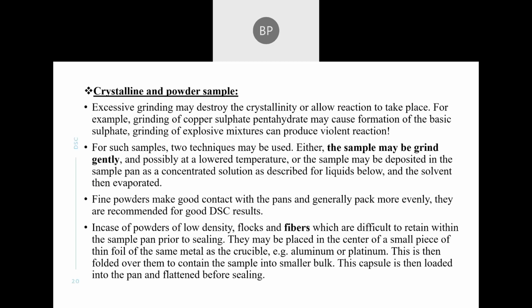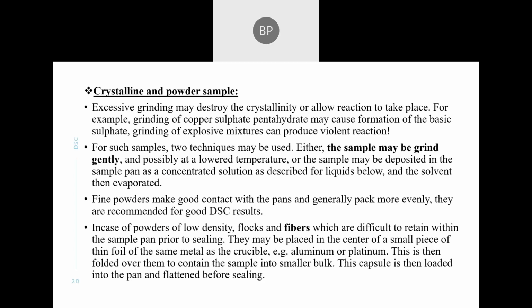So gentle grinding should take place. Otherwise, excessive grinding may lead to many problems. For example, grinding of copper sulfate pentahydrate may cause formation of basic sulfate, and excessive grinding of explosive mixtures can produce a violent reaction. So grinding should be done in a gentle manner.